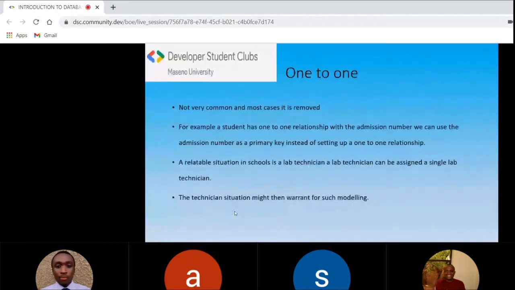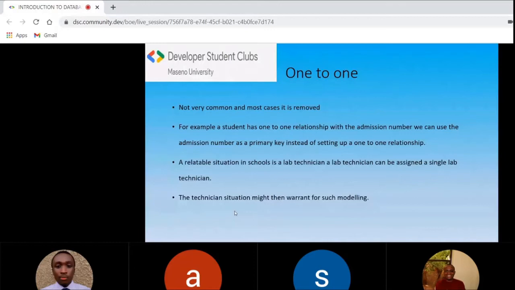So let's start with one-to-one. It is not very common. In most cases, it is ignored or removed. I'll give two examples of one-to-one: an example where we don't need it, and an example that would force us to model it. For example, like I've said here, a student has a one-to-one relationship with an admission number.